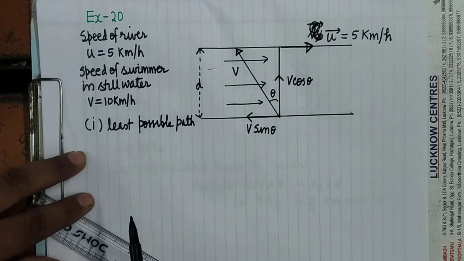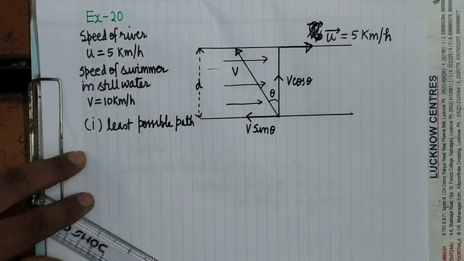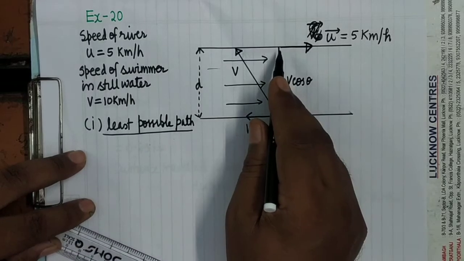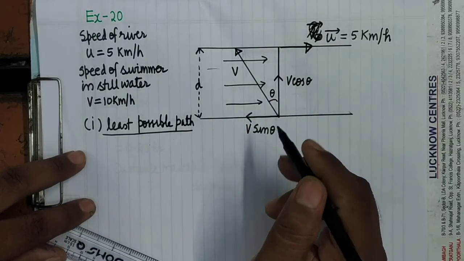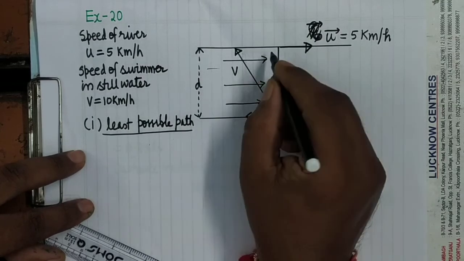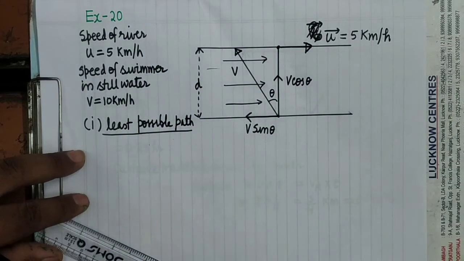It's clear. Resultant direction means the direction of the swimmer under the effect of the river current. He is starting from here and reaching the other end just in front of it, means there is no displacement along the river current.